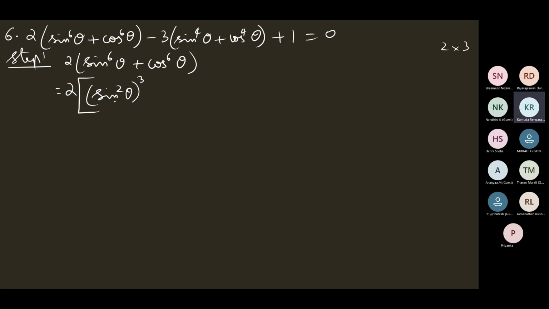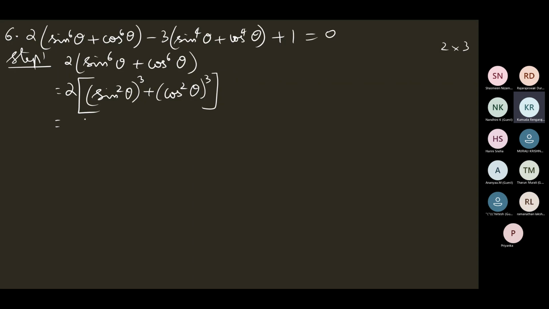Because we know sine square theta plus cos square theta is 1, we'll write the 2 inside and the 3 outside. Plus cos square theta, we are comfortable with cos square theta, so we'll put the 3 outside. So this is how we rewrite the expression: the power 6 is written as 2 into 3 with 2 inside and 3 outside, sine square theta, cos square theta.